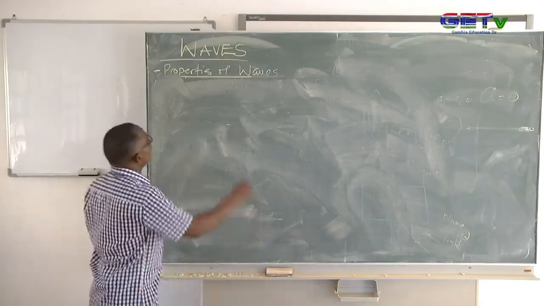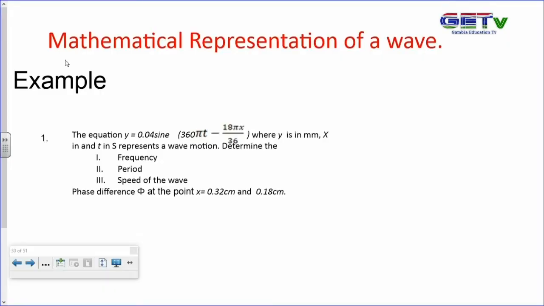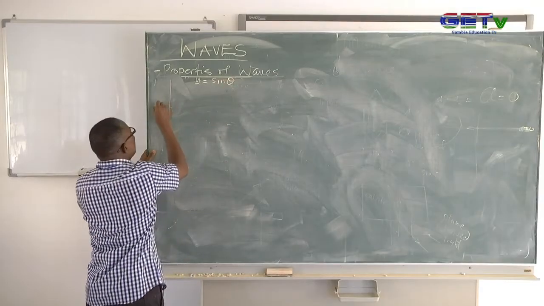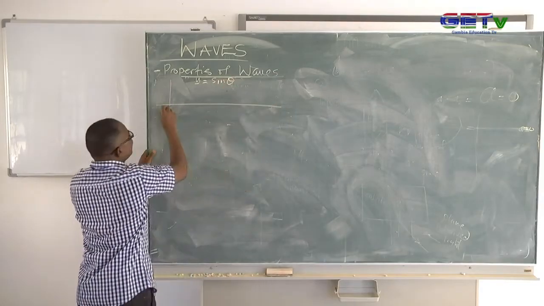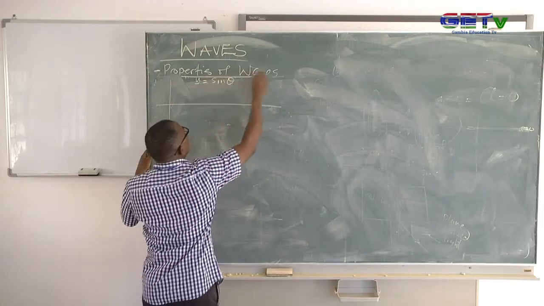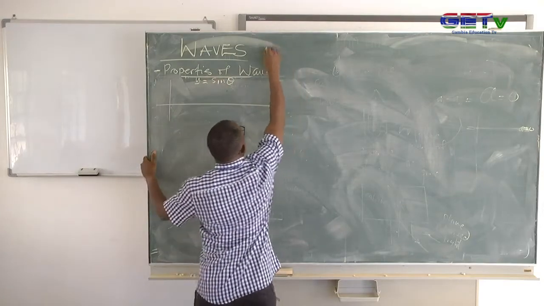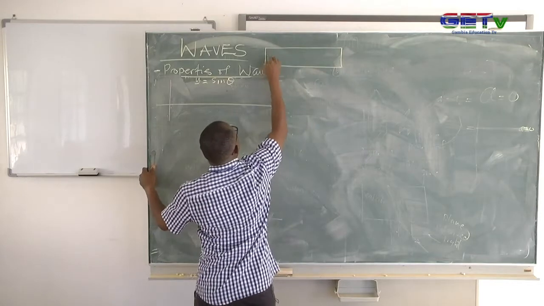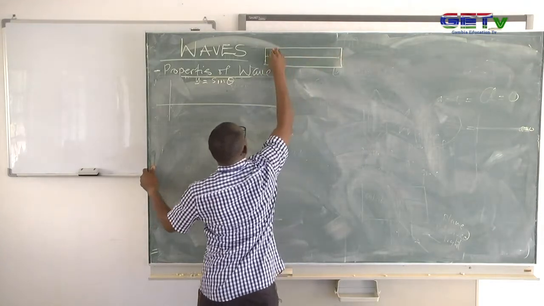As waves travel progressively, they have a mathematical representation. Remember, if you did your trigonometry well, you must have seen the graph of sine theta. Let's say I have a table with x and y.